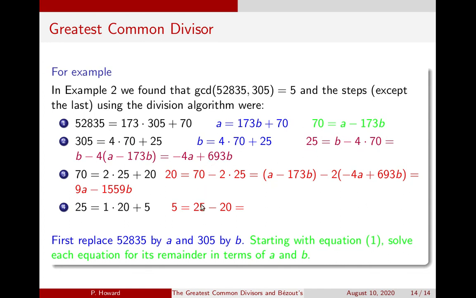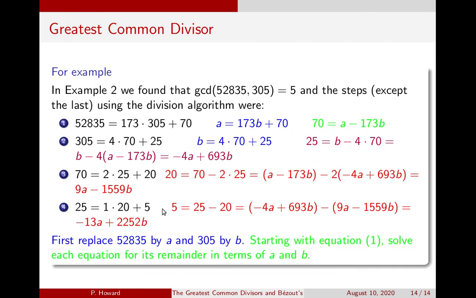That's going in here for the 25. And from equation 3, 20 is equal to 9a minus 1,559b, so that's going in here for 20. There's the substitution. If you distribute the minus sign and combine like terms, you get minus 13a plus 2,252b.